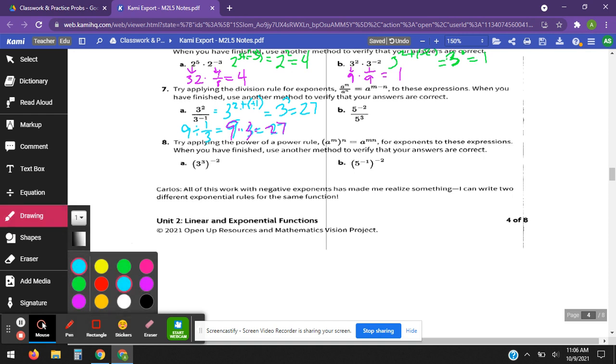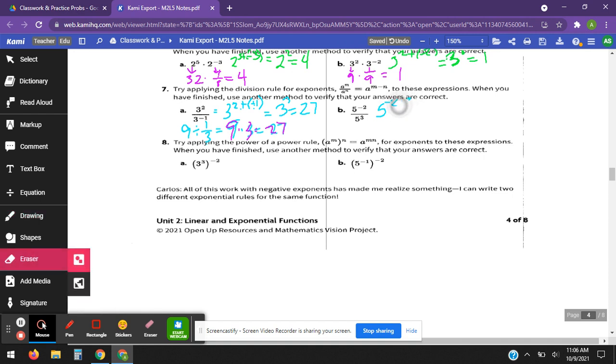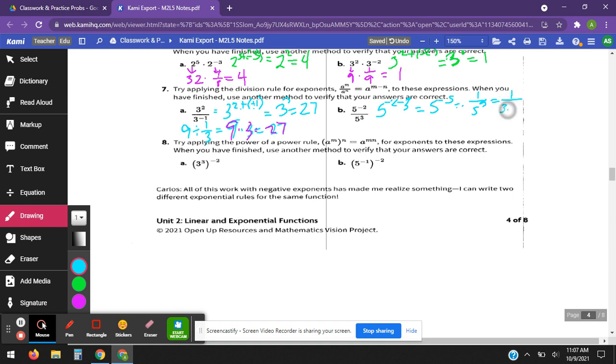All right. Next one. Let's try it. 5 to the negative second plus, not plus, minus, we're subtracting our exponents, minus 3. So I'm getting farther into the negatives, 5 to the negative fifth, which would be the same thing as 1 over 5 to the 5th, which is the same thing as 1 over 3,125.